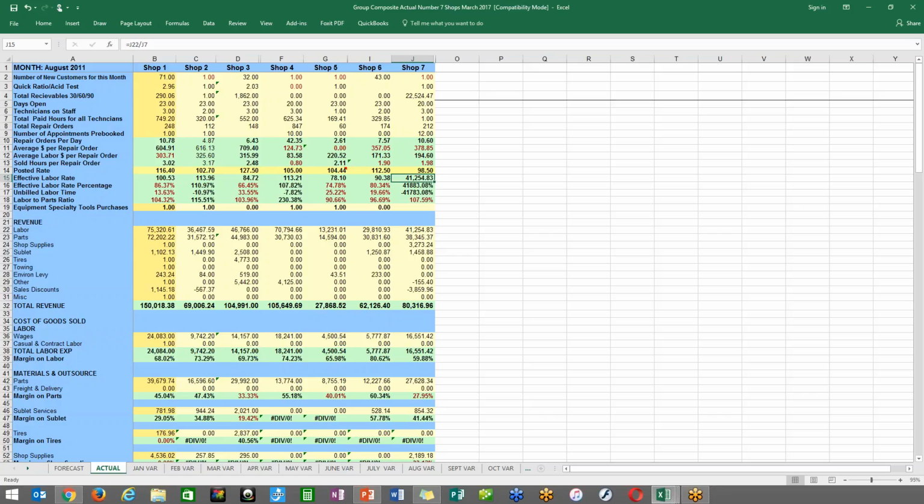Yes, if you're in Northern California, if you're in the San Francisco area, your labor rate's going to be much higher. But like I said, your rent's going to be higher and how much you pay your technicians is higher. The benchmarks that I show you are identical whether I'm training in Canada or the US. It makes no difference what state, what province. I've trained in all 50 states and every province in Canada and some of the territories.